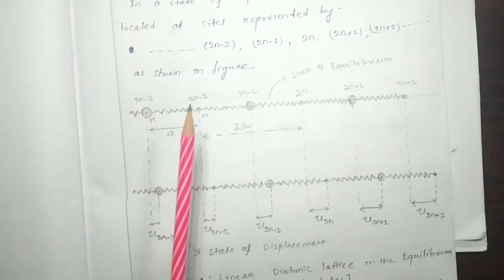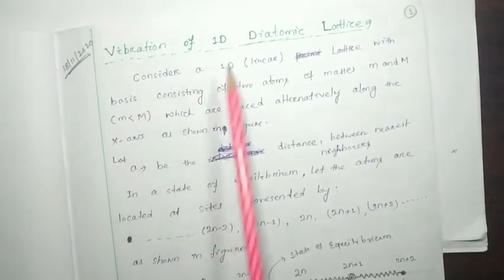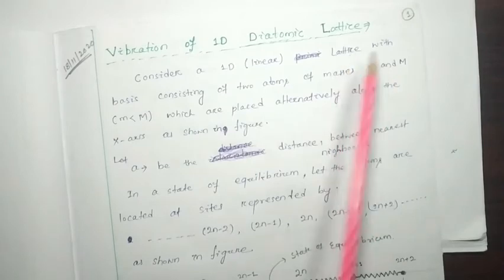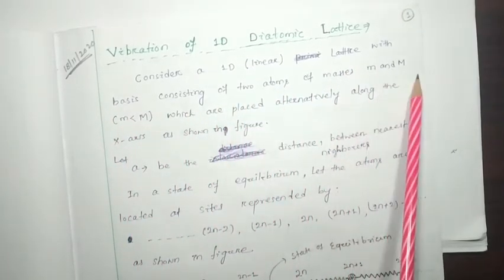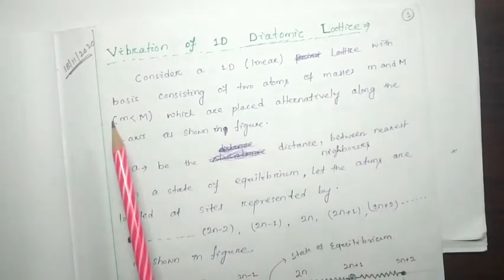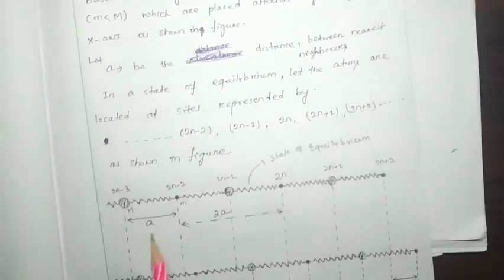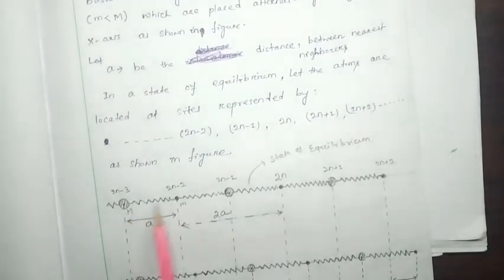Both are situated with a lattice constant a. We have to remember that a one-dimensional linear lattice with basis consists of two atoms of masses M and m. So one basis, or one lattice point, has two atoms, this and this.